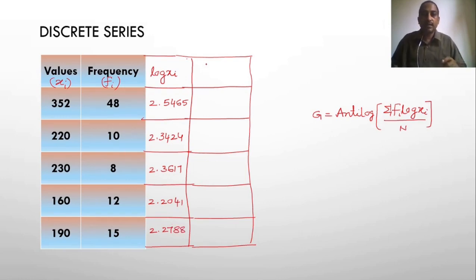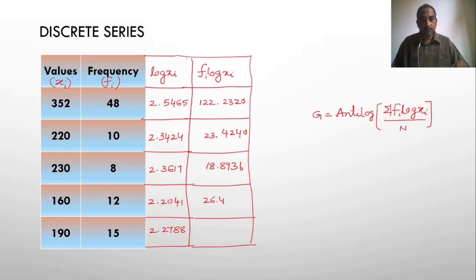Next, you multiply this column with the respective frequencies: fi into log xi. 48 into 2.5465 is 122.2320. 10 into this is 23.4240. 8 into this value is 18.8936. 12 into this is 26.4492. 15 into this is 34.1820.